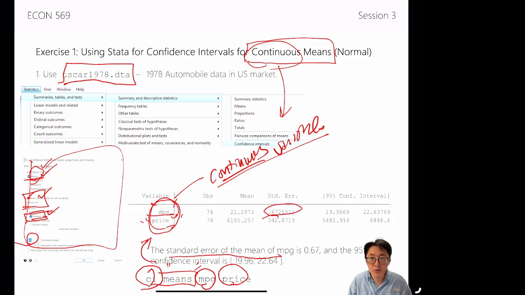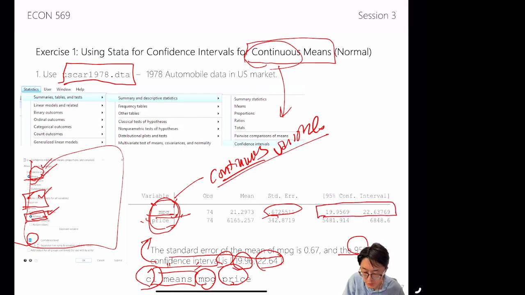So you can just plug in this number in the formula we have already discussed. You can find the same outcome, but simply you see the 95% confidence interval of your MPG is 19.96 and 20.64. You can see here. So this is the 95% confidence interval for your miles per gallon.